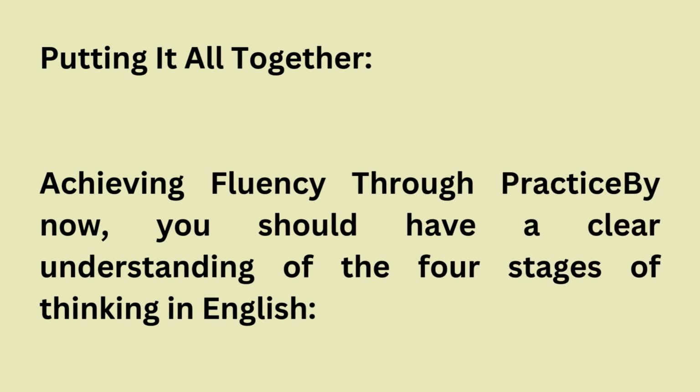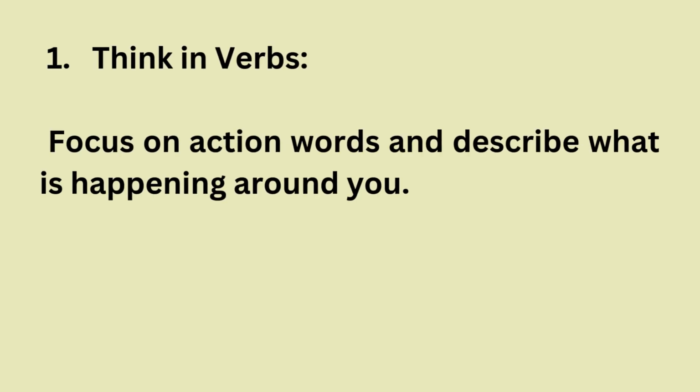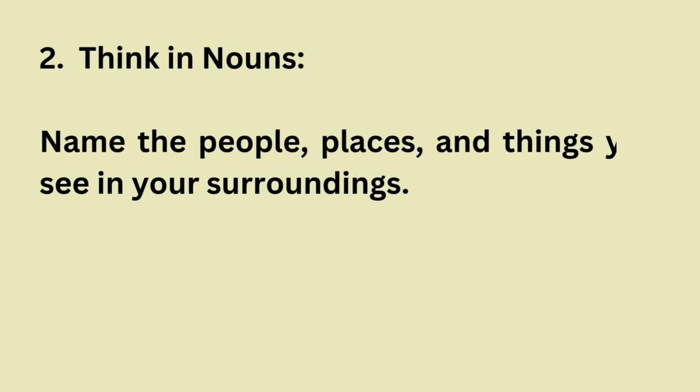Putting it all together. Achieving fluency through practice. By now, you should have a clear understanding of the 4 stages of thinking in English. 1. Think in verbs. Focus on action words, and describe what is happening around you. 2. Think in nouns.